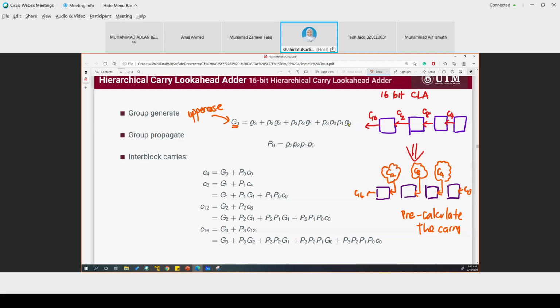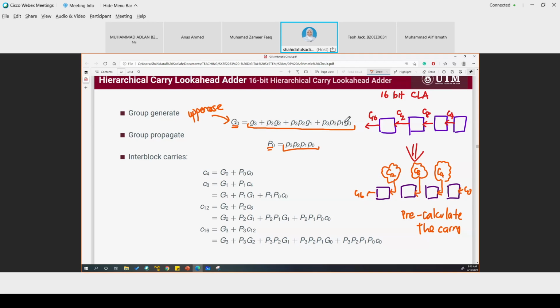So the small g is just the 1-bit generate, and the uppercase is the group generate, and the uppercase P is the group propagate. So what is this and where is this coming from?